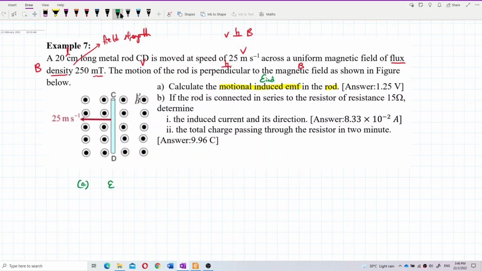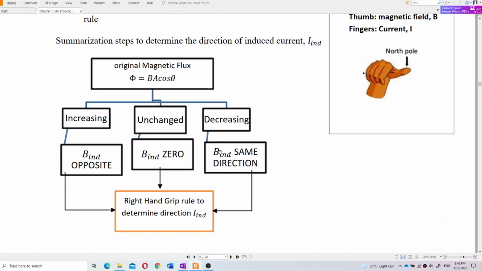To find the induced EMF in the rod, actually it's very simple. It's just use the formula LV cross B. That's the induced EMF in a straight conductor.